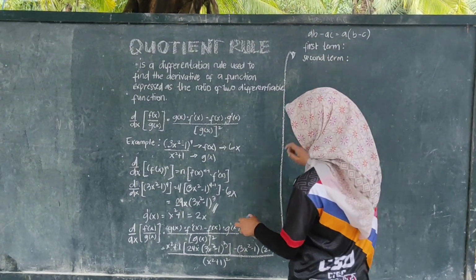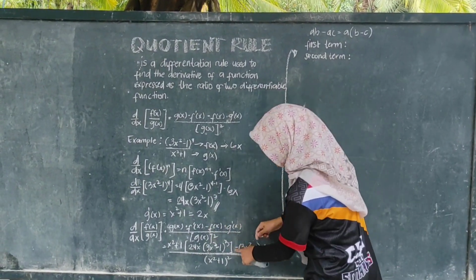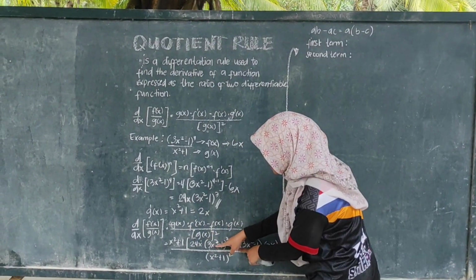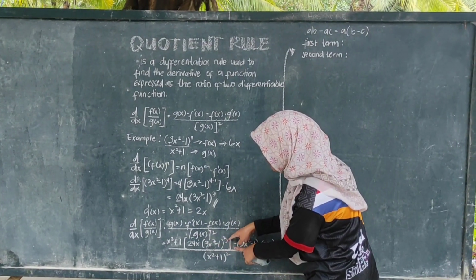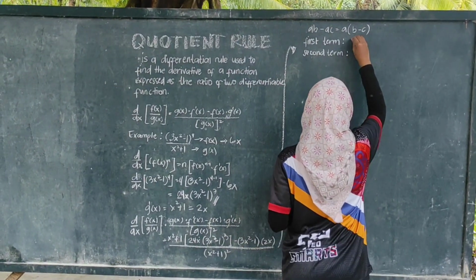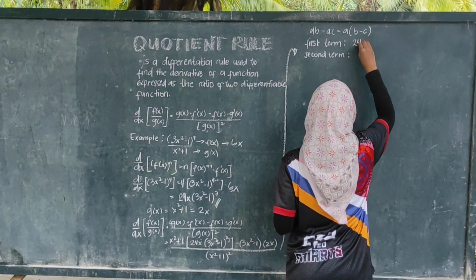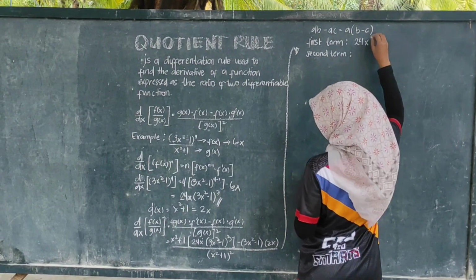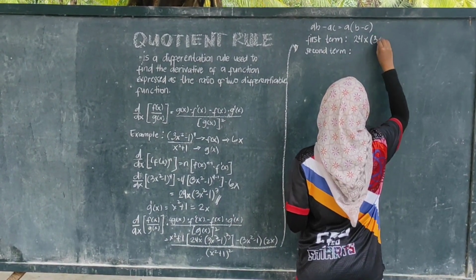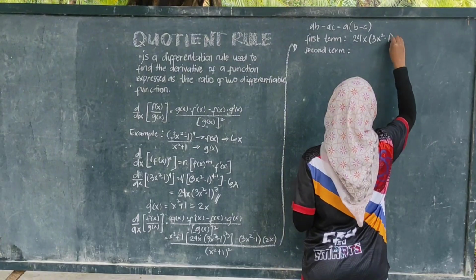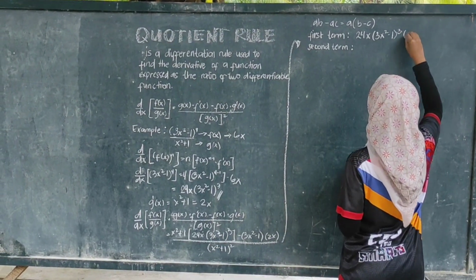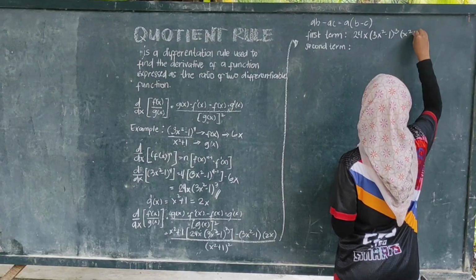The first term is 24x times (3x squared minus 1) to the power of 3 times (x squared plus 1).